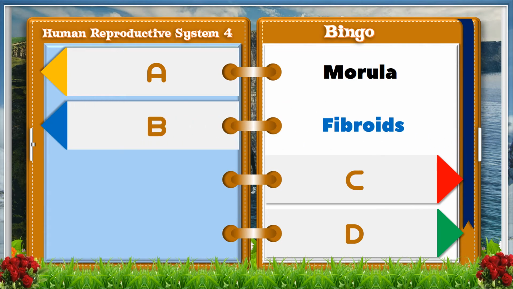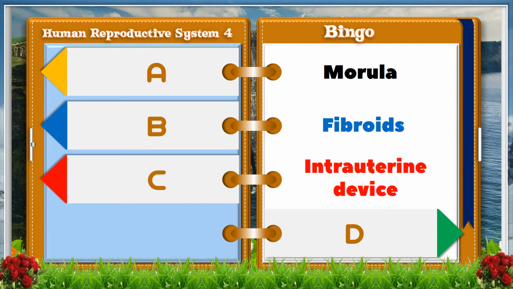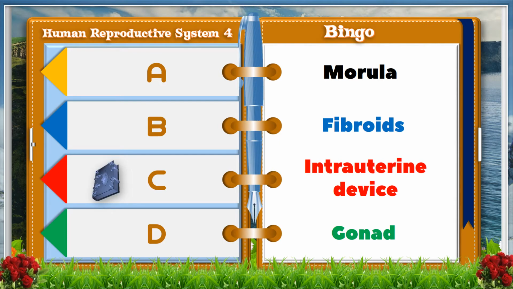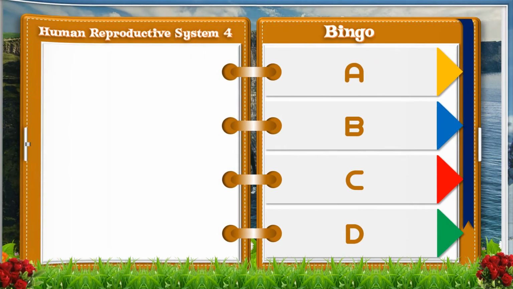B. Fibroids. C. Intrauterine device. D. Gonad. And the answer is C. Intrauterine device.